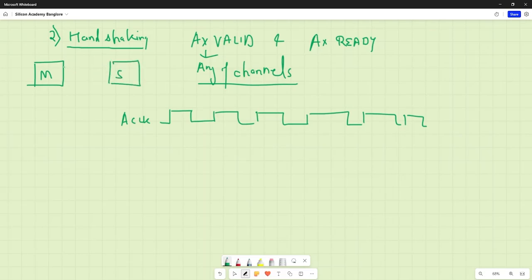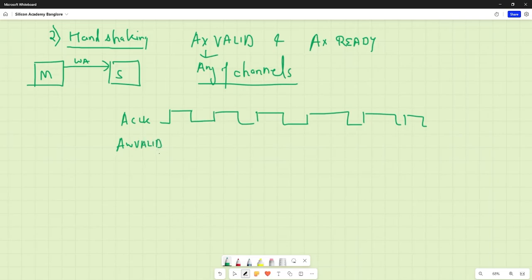What it has to do is use the write address channel. The first step is to use the write address channel so that it can transfer the information of the address that it wants to write to the slave. So how it is done is first the master has to make its AWVALID high.